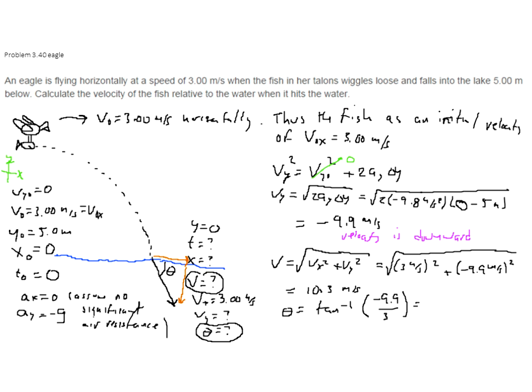Negative 9.9 over 3 equals negative 73 degrees. So V is equal to 10.3 meters per second at 73 degrees below the horizontal.